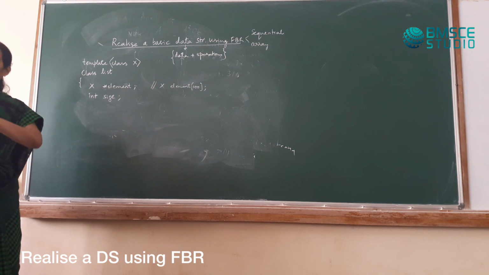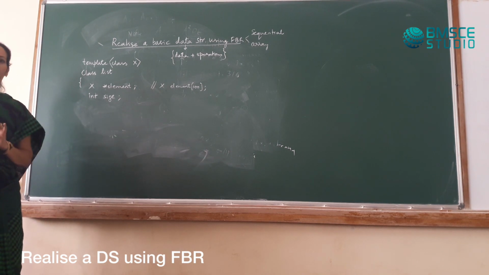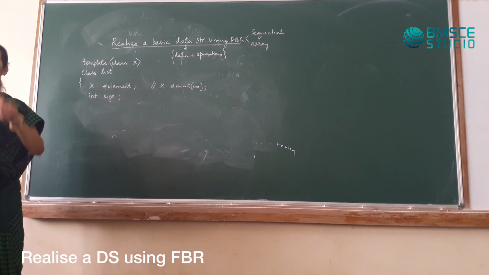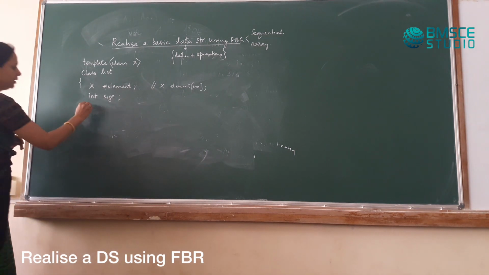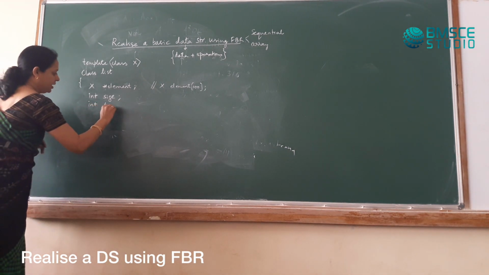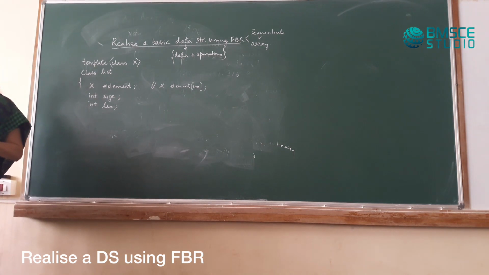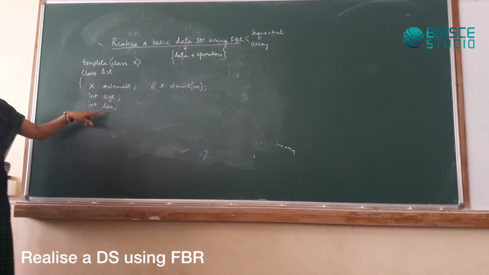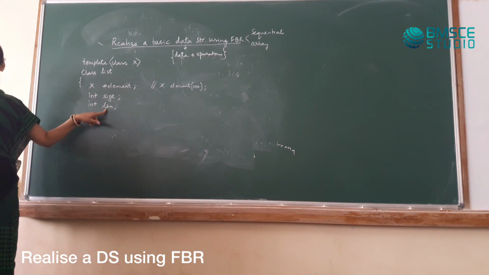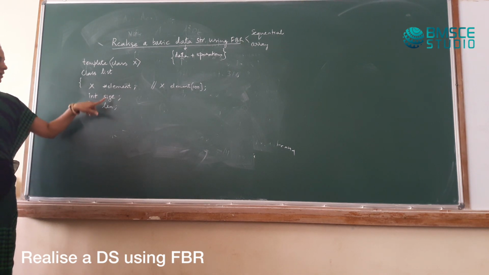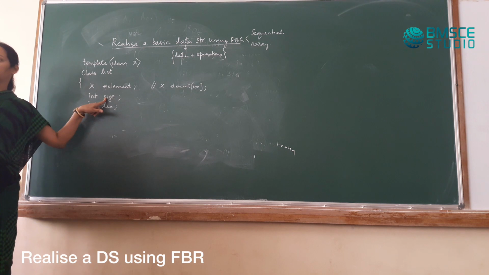As and when there is data, that data will be added onto the array. In which case we need to have one more variable. We will call that variable length. This will tell us the actual number of data. Size will tell us the maximum amount of data that can be stored.